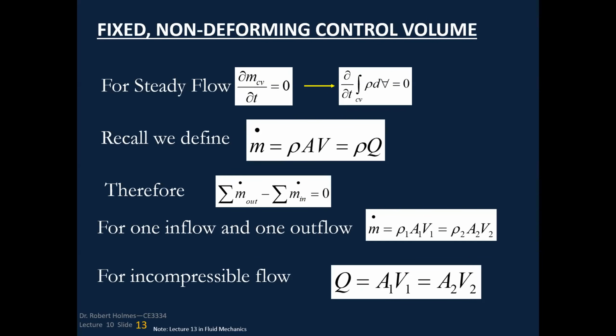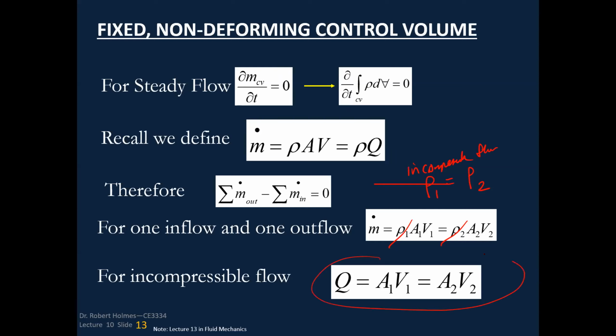Further, if we say that we've got incompressible flow, that means that the density of the fluid does not change from one location to the other. You simply get rid of these terms, and you're basically left with the area and the velocity term.